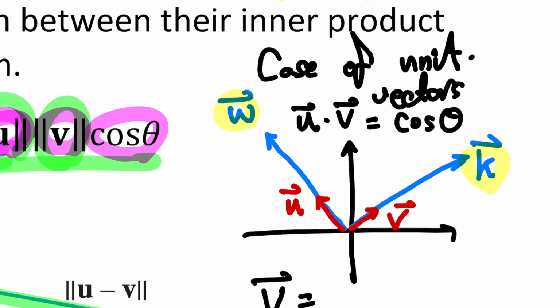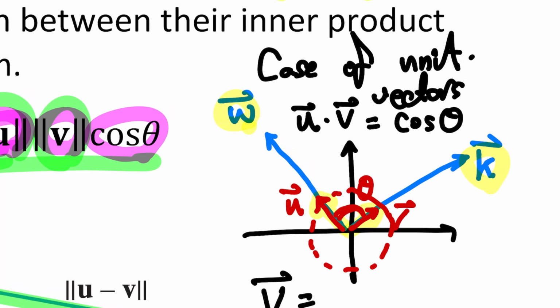So in this case, we can normalize these two vectors to the unit vector space, something like a circle, right? Then the inner product between them is only defined by the theta here, right?